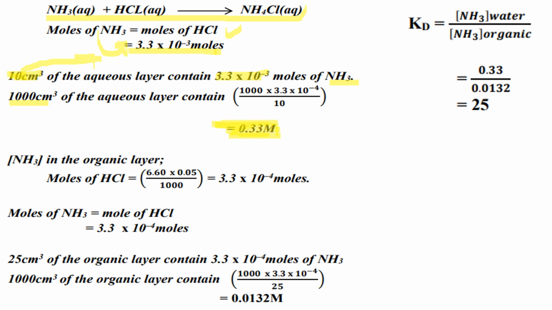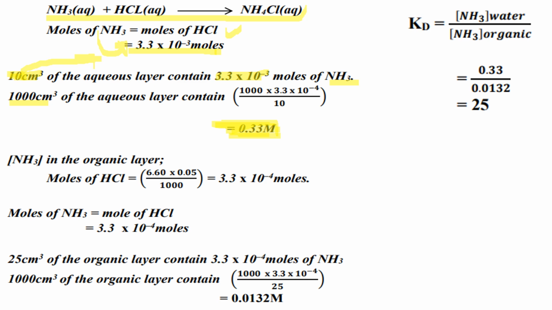Now let's do the same to find the molar concentration of ammonia in the organic layer. Like I told you, in the organic layer, we are going to start by interpreting the concentration which was given. 1,000 cubic centimeters of the acid required contain 0.05 moles.